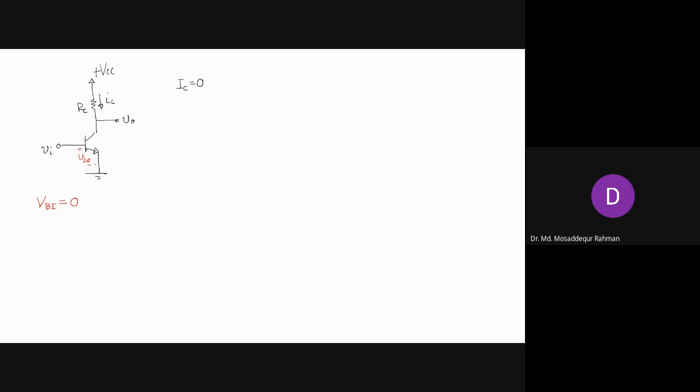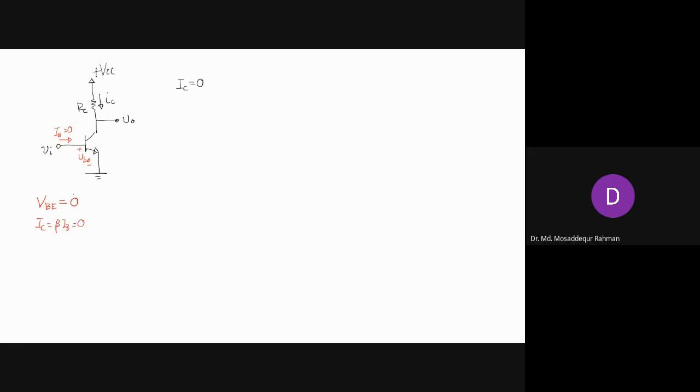If there is no forward bias voltage here, this junction remains off. If this junction remains off, the DC bias current IB will remain 0. And as long as IB remains 0, since IC is beta IB, IC also remains 0, right?